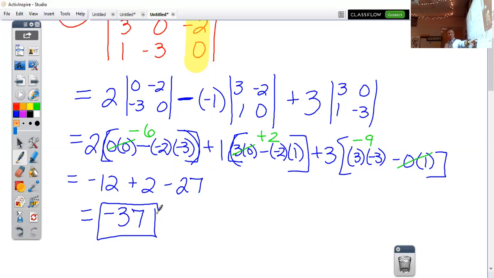Positive. Positive times 1 times 1. So positive 2 times 1 is 2. Times 0 minus -2, 0. Okay. You good? Yeah, but I also have negative. Never mind, that one's right. Okay. Any questions on that?